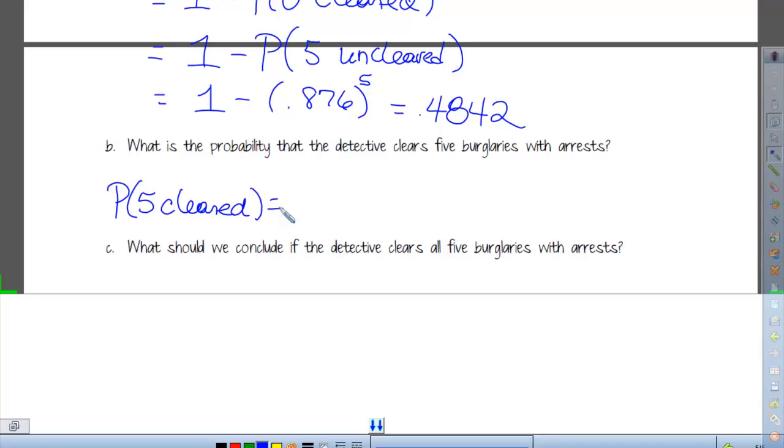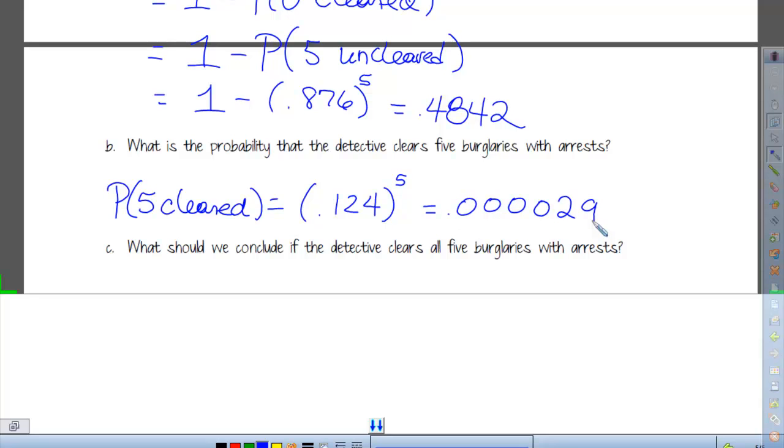Is this an at least one kind of problem? No. It's just what? Okay, this is more of a multiplication problem, right? We got cleared and cleared and cleared and cleared and cleared. That's multiplication. And we already said they were independent, so it's what? To the 5th power. Okay, 0.124 to the 5th power. Very good.